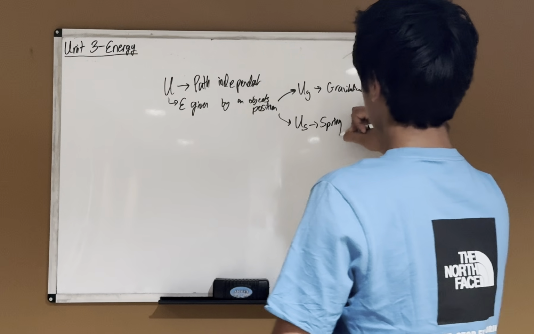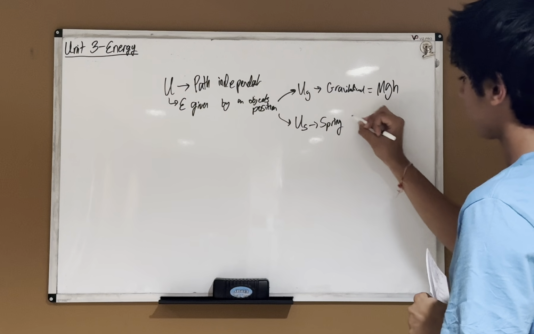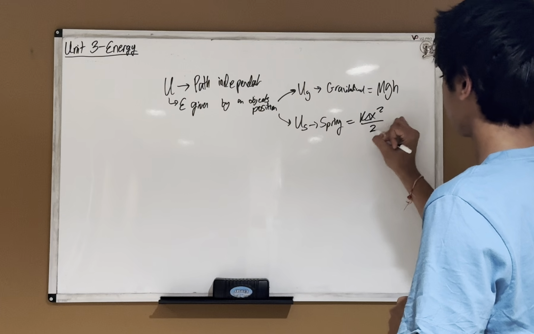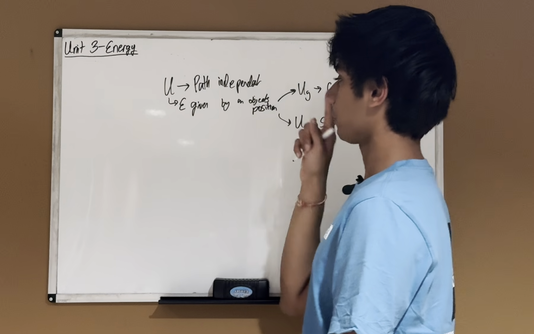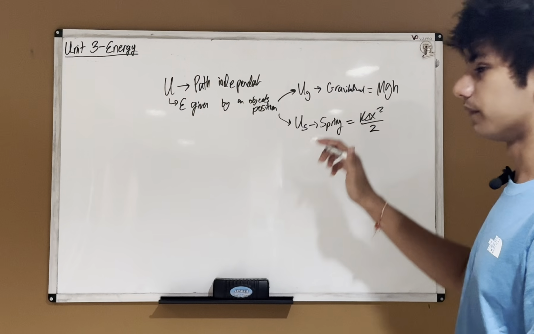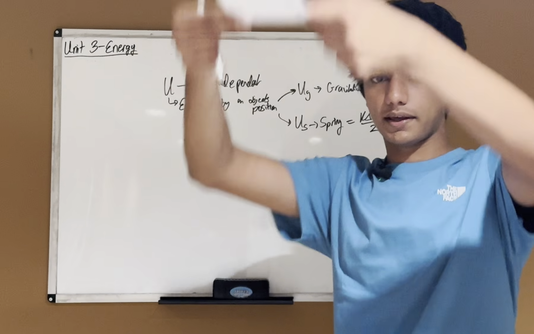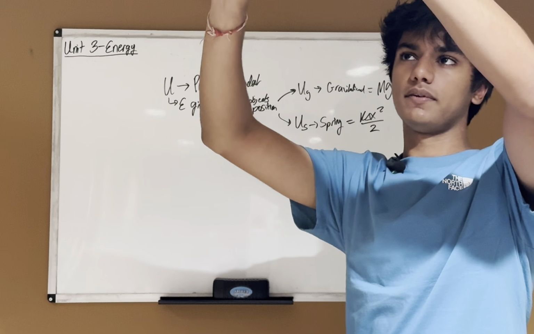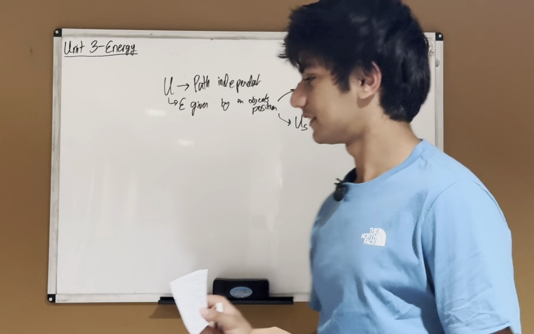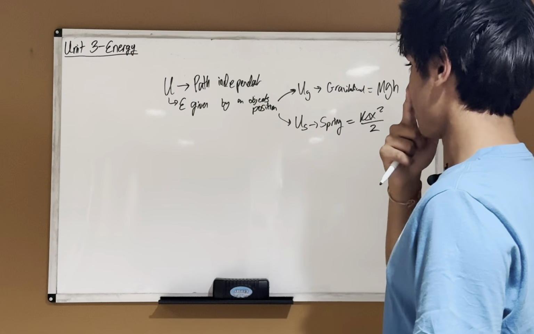The formulas for each: U_G is equal to mgh, and U_S is equal to k delta x squared over 2. Path independent means that no matter what path you take, you're going to have the same amount of energy. If I have this piece of paper and I go straight up, I have the same amount of energy as if I wiggled it around and went up.